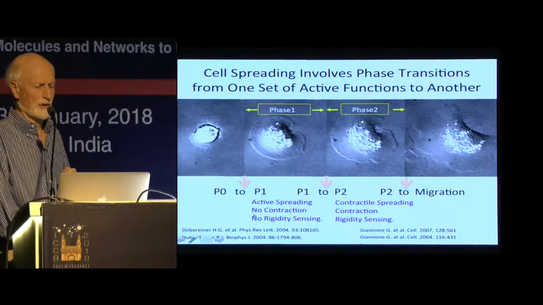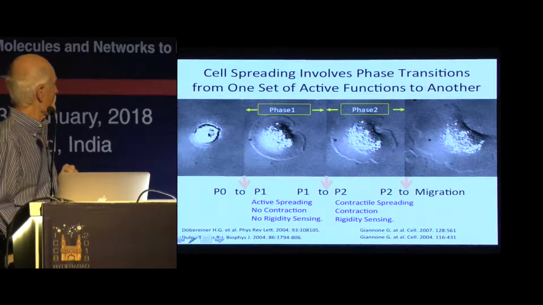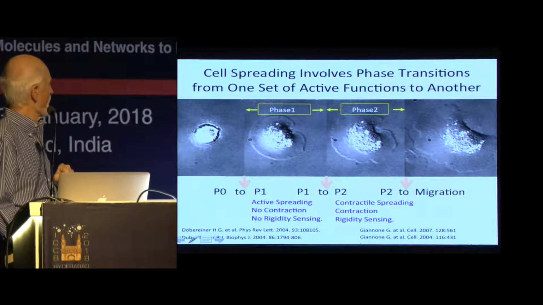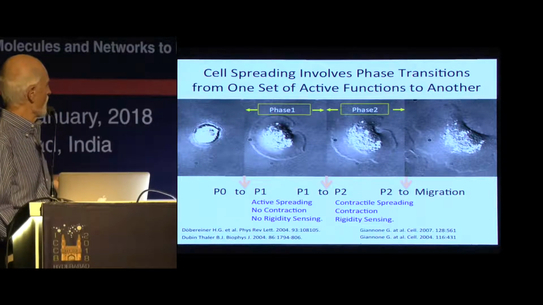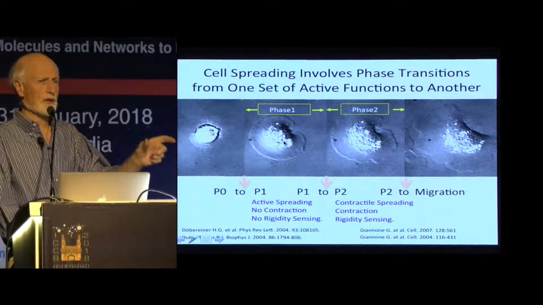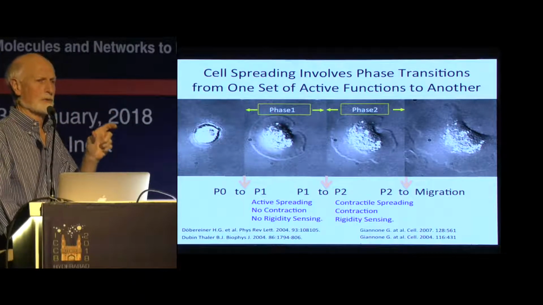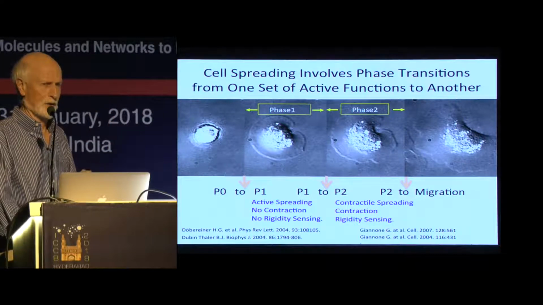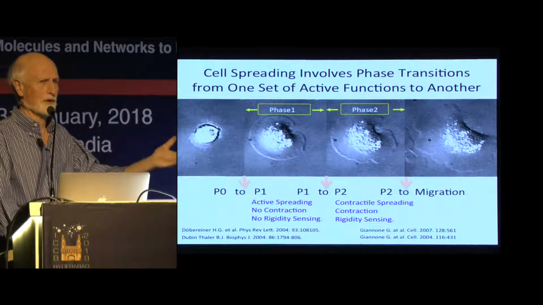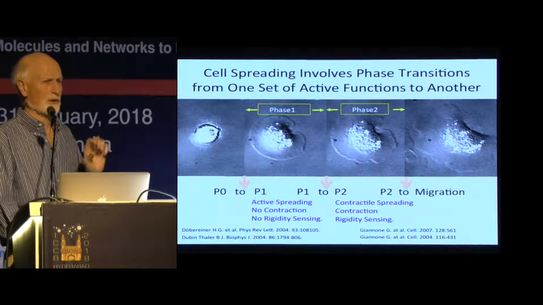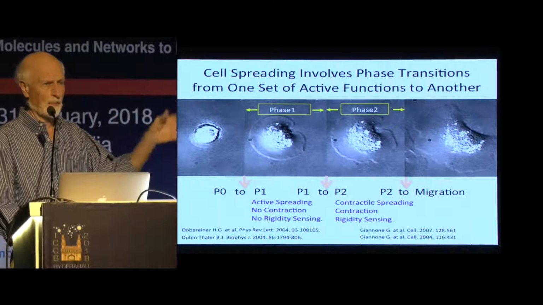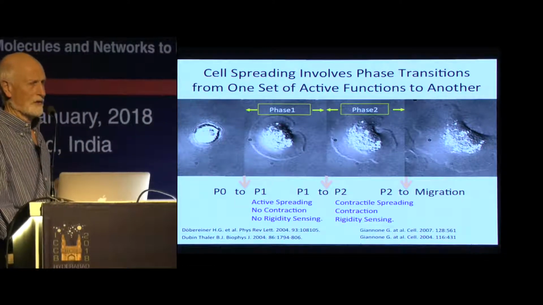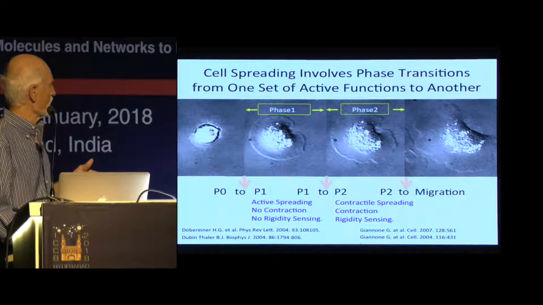If we take cells that are in suspension, they initially interact with the surface and then undergo a stereotypic behavior where they start to spread. During this phase of spreading, they don't measure any aspect of the surface. We can put them on passivated surfaces, and once they start spreading, they continue to spread over fibronectin or a passivated surface that they're not interacting with at equal rates.